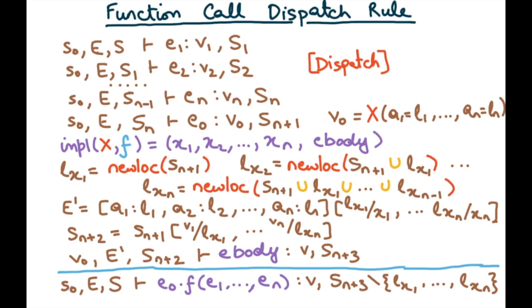Our rule is almost complete, except that notice that we allocated new locations using the new lock operator in LX1, LX2, ... LXN. And these locations are still available in Sn plus 3, and even after the function call dispatch is over, these locations will continue to remain allocated in Sn plus 3.